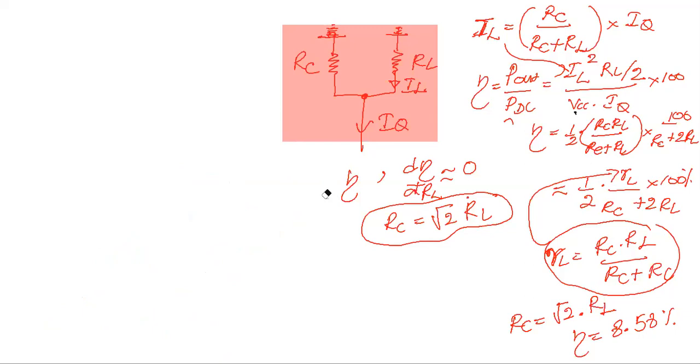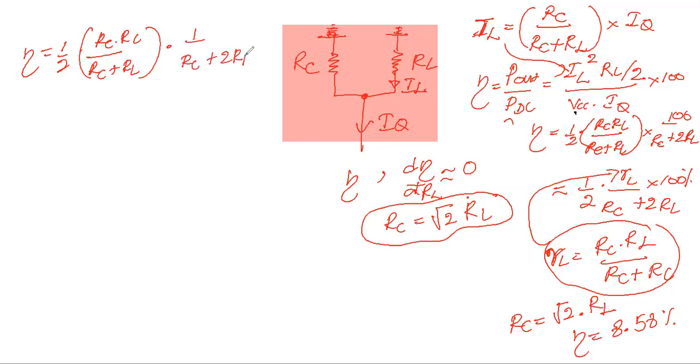So you have the equation for eta. Eta equal half into RC RL divided by RC plus RL into 1 over RC plus 2RL. This is the equation we derived previously.